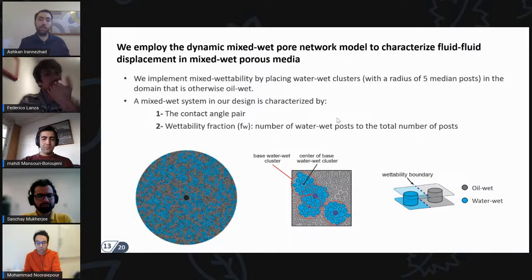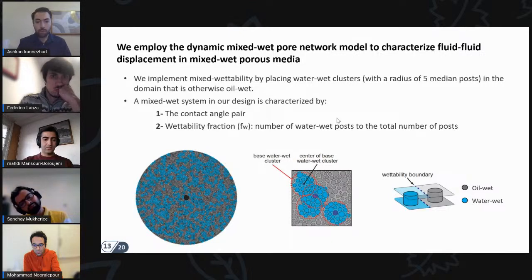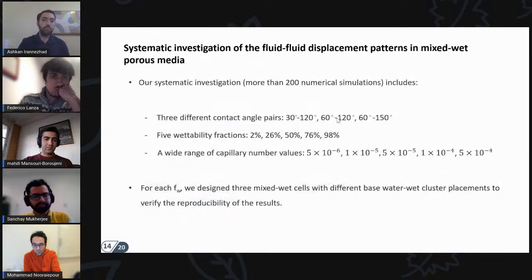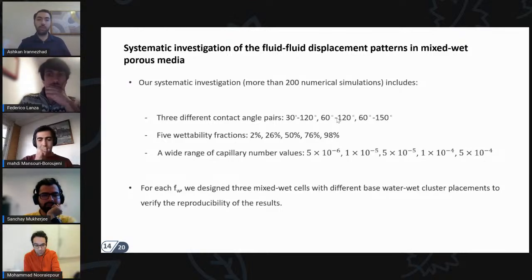A mixed wet cell in our system can be defined by A, the contact angle pairs, the oil wet and water wet contact angles, and B, the wettability fraction, which is the number of the water wet posts to the total number of the posts. Our systematic investigation includes more than 200 numerical simulations on a wide variety of mixed wet cells.